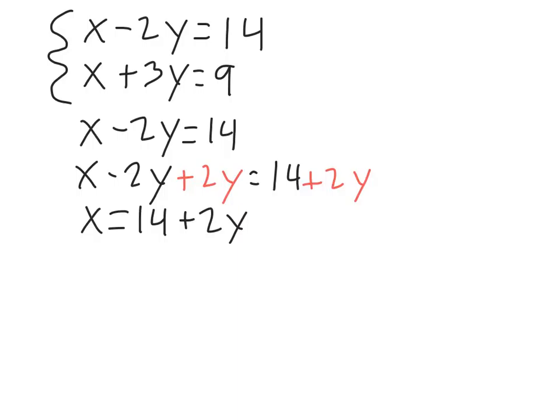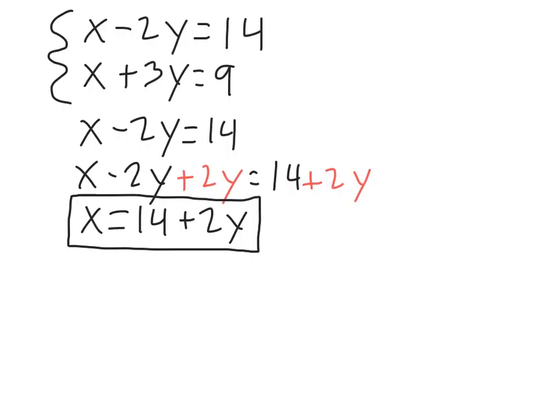What I like to do is put a box around this, because this is going to be very important. So now that we have x equals 14 plus 2y, we go back to the equation that we didn't use, which was x plus 3y equals 9, and we plug 14 plus 2y back in for x.